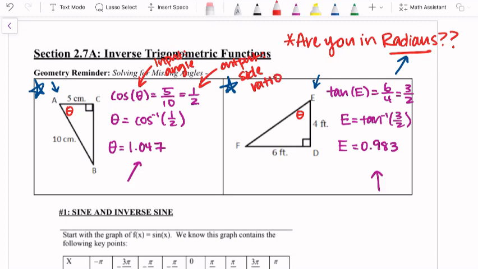So when we're using inverse trig, that is the operation that's figuring out, okay, well now our input is the side ratio and the output is an angle, okay?